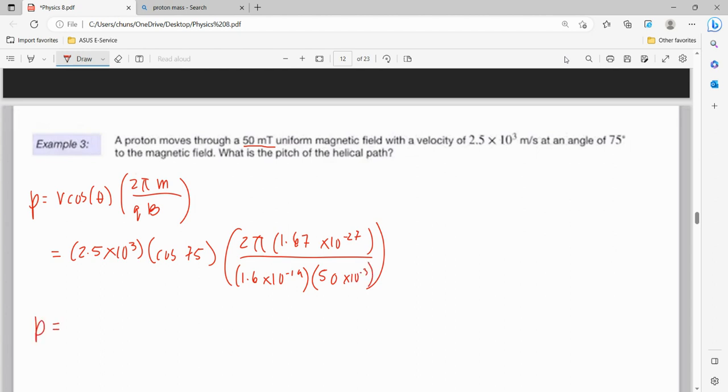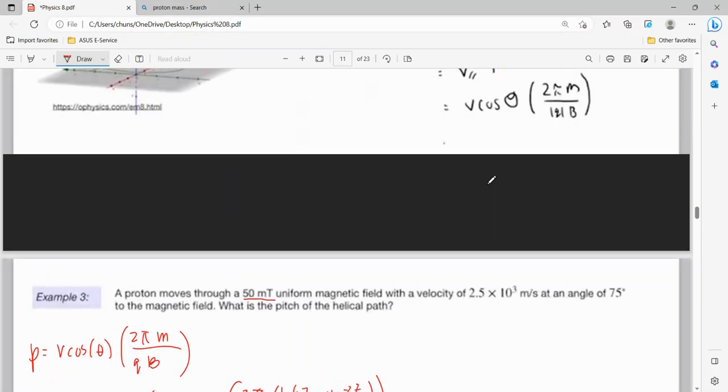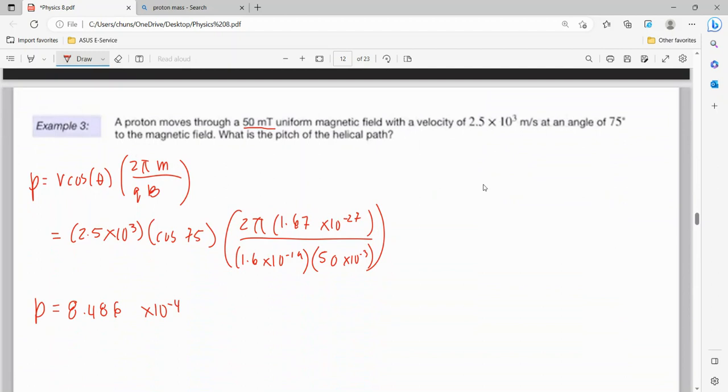And this makes our pitch equal to 2.5 times 10 to the 3 times cos 75 times 2 pi times 1.67 times 10 to the negative 27 divided by 1.6 times 10 to the negative 19 times 50 times 10 to the negative 3. And this gives us a value of 8.486 times 10 to the negative 4 meters as our pitch.